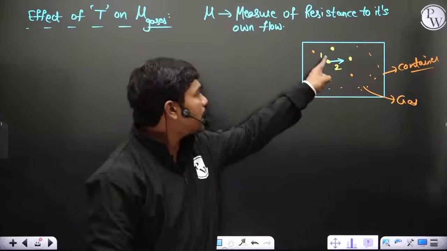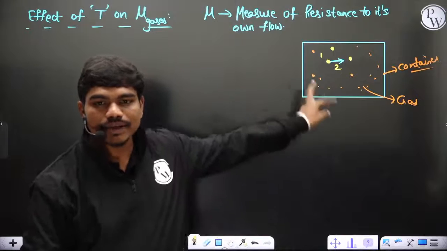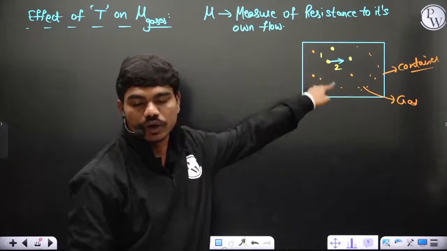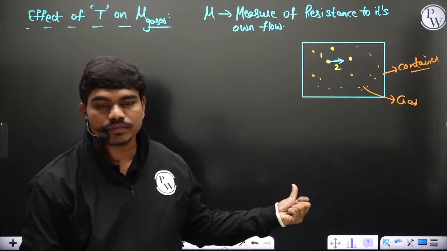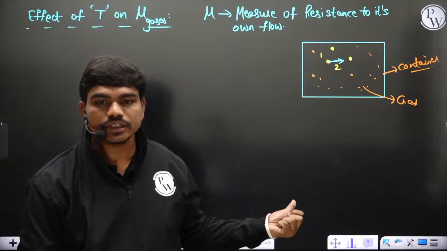This is cohesion and this is due to molecular impact. Which is highly effective in providing resistance to the movement of this molecule? First or second? All of you, it is second, right?